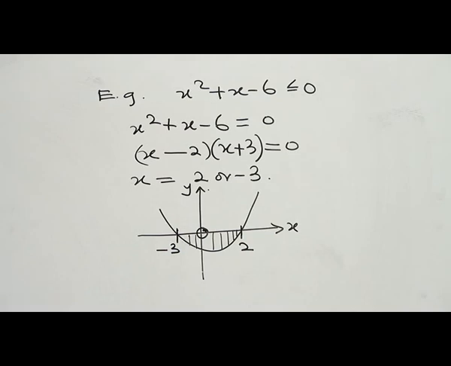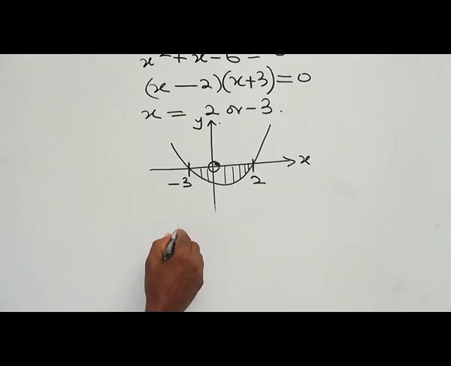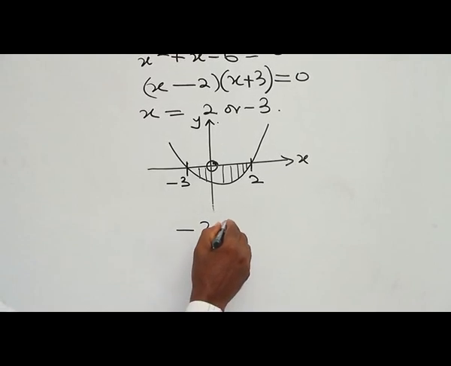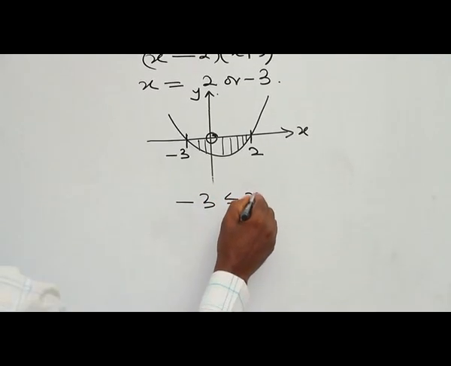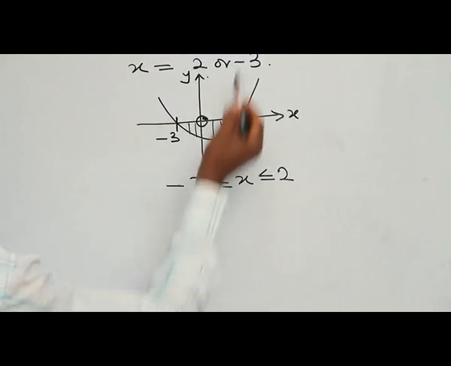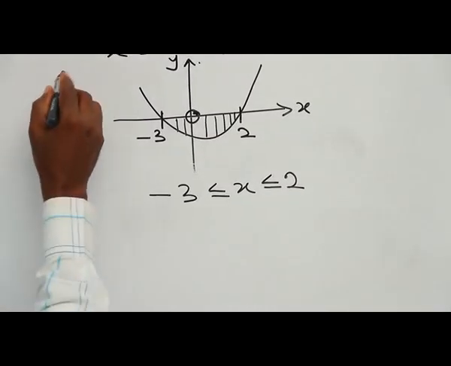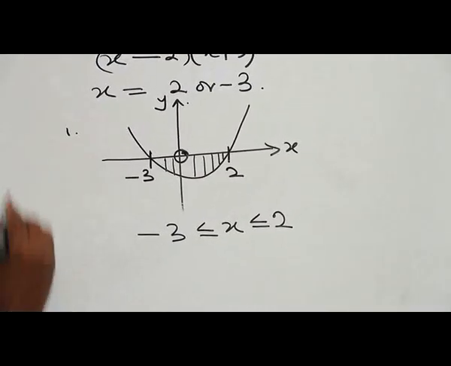So below the x-axis, s lies between minus 3 and 2. Your solution is minus 3 less than or equal to s, s less than or equal to 2, because this is the symbol that is used in this case. We have looked at the first situation.